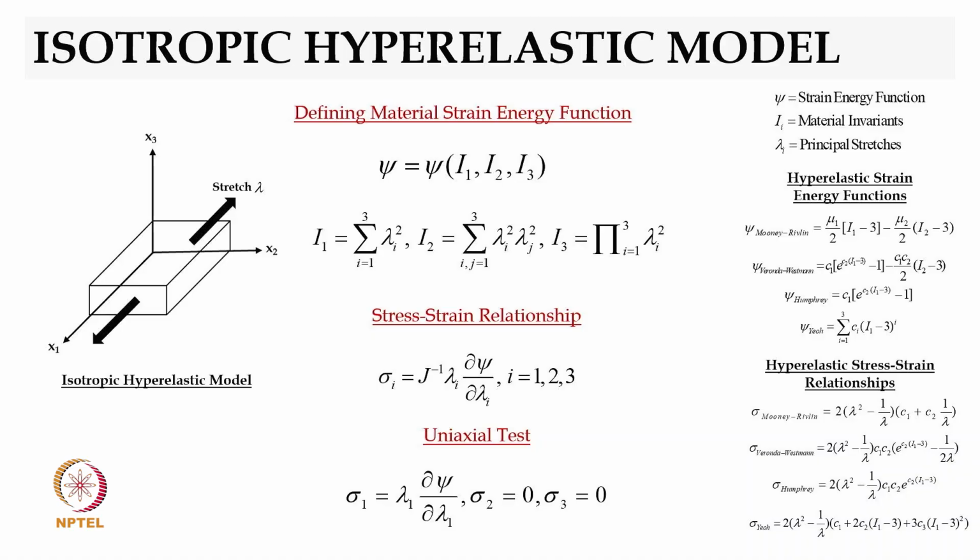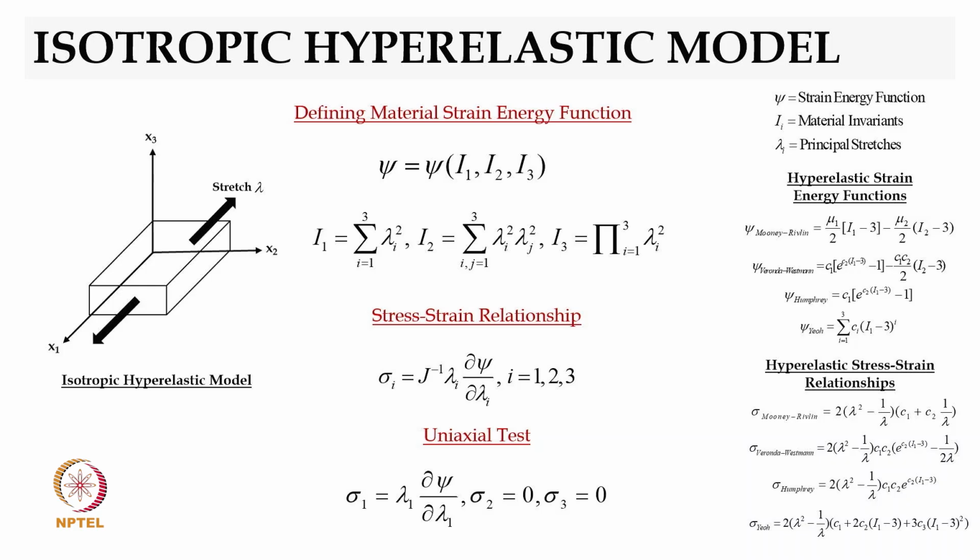The next part is what happens in the case of a uniaxial test. In the stress strain relationship, sigma 1 is equal to Jacobian inverse of lambda 1 dou psi by dou lambda 1. This is a partial differential equation. Then you have sigma 2, which is Jacobian inverse lambda 2 dou psi by dou lambda 2.